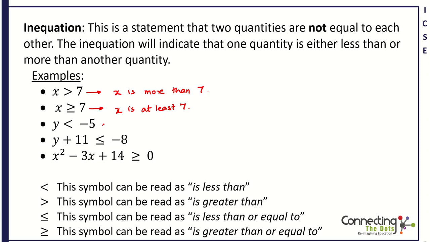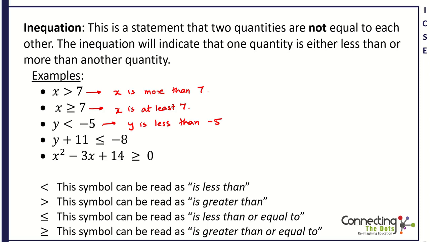This means that y is less than -5. And these are symbols that you are familiar with. The next example says that y plus 11 is less than or equal to -8.